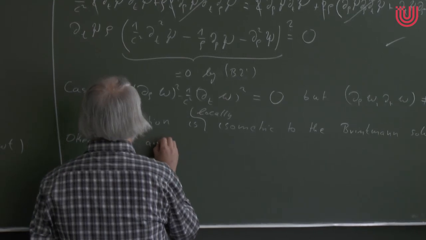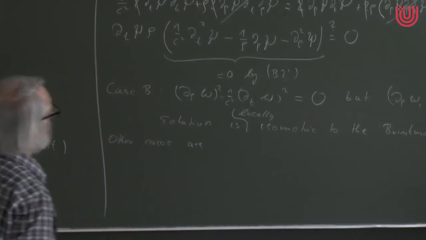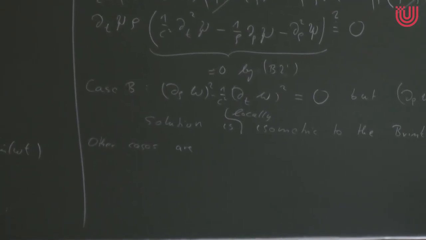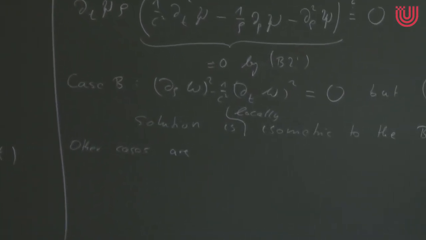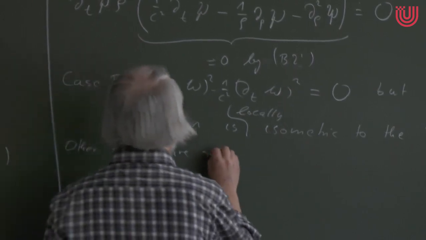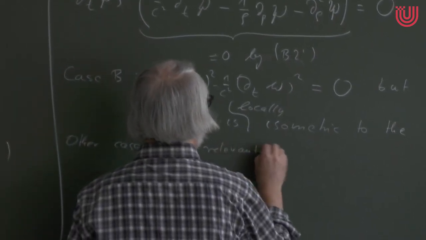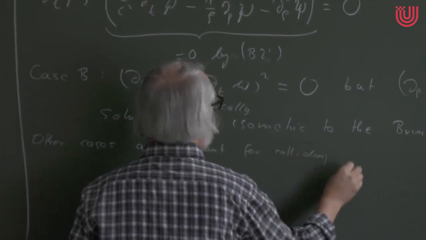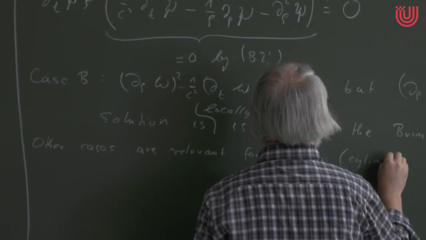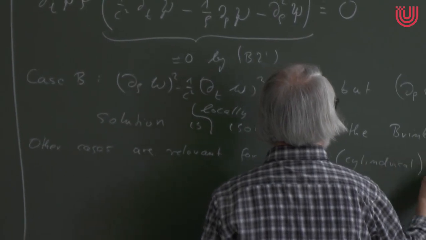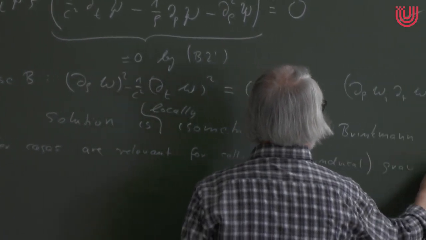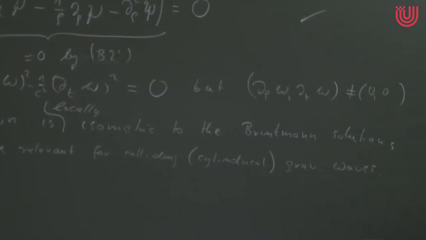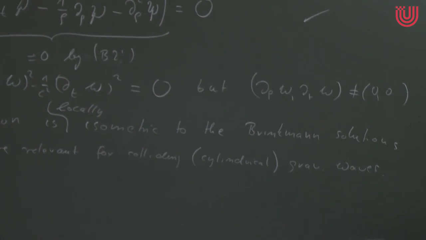The only physically relevant case is the case that the causal character changes, and this occurs when you have colliding gravitational waves, relevant for colliding cylindrical gravitational waves. Okay, so this was a brief overview of these cylindrical wave solutions.